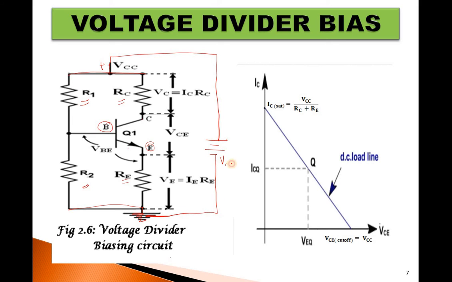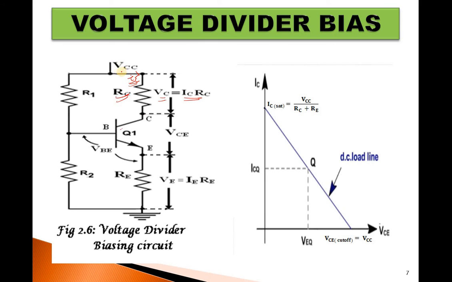This will become VCC. If we write like this, it looks very complicated, so we make it very simple like this. Now, the current that flows through this is called collector current because it is flowing through the collector. The voltage drop across this resistor is the collector voltage ICRC.